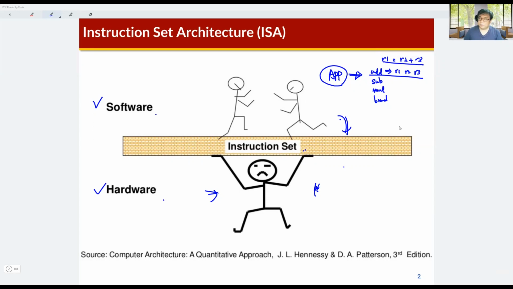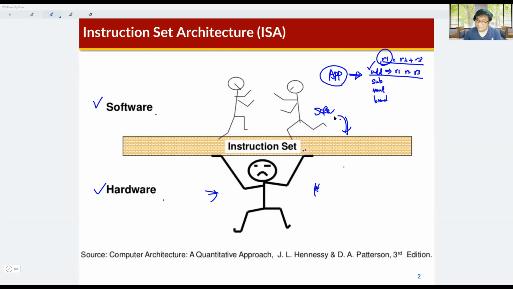So if this instruction is defined, then the hardware, that means the computer processor, can generate the result of the instructions. Software does not need to understand how these results are generated by hardware.